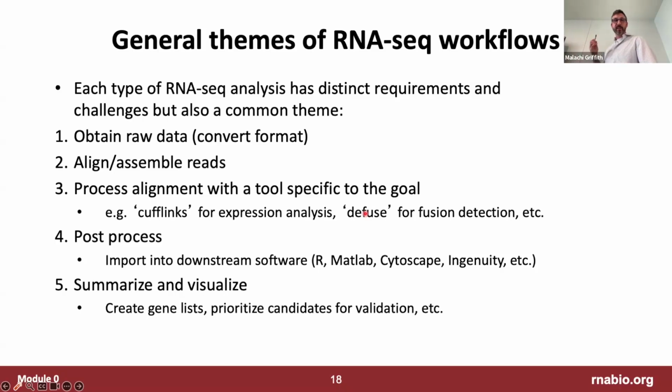And then you process those alignments with tools that have specific goals. So the alignment file becomes a one-stop shop, and then you can feed it into various downstream tools that ask different questions of those alignments, that try to assemble short reads into long transcripts, that study alternative isoforms, that detect mutations, that estimate the abundance of each gene, and so on.